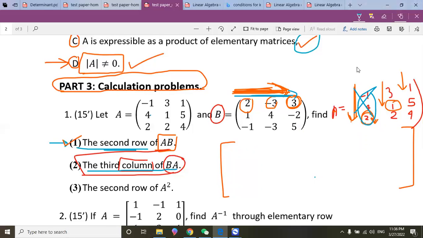I'm just making fun. So 2 multiply 1, that means 2, plus minus 3 multiply 5, that is going to be minus 15, and then 3 multiply 4, that is going to be 12.